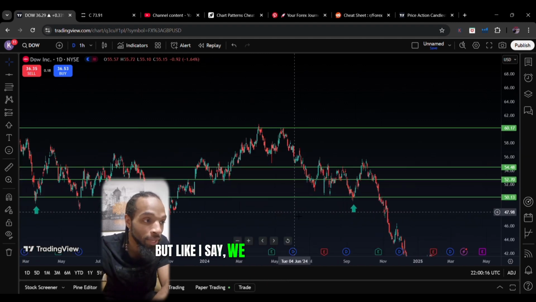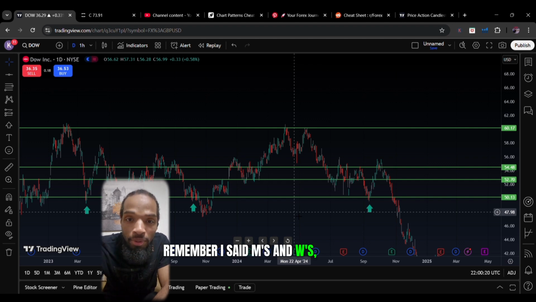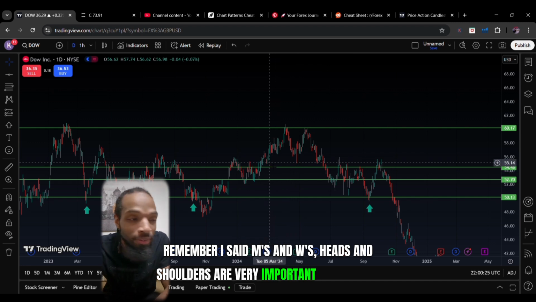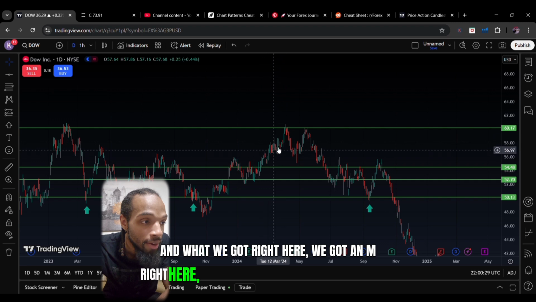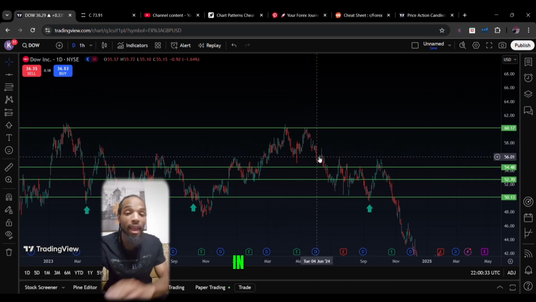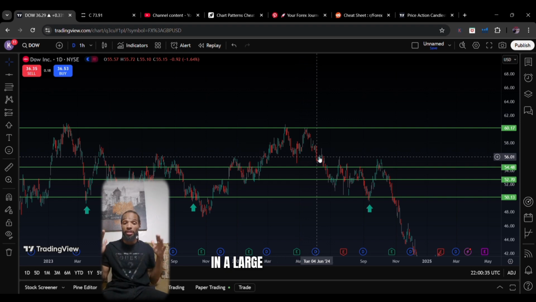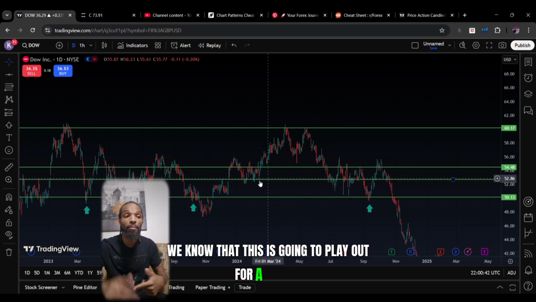But like I say, we came back to understand price action. Remember I said M's and W's. Head and shoulders are very important movements. And what we got right here, we got an M right here, double top, in a large time frame. So since it's in a large time frame, we know that this is going to play out for a minute.